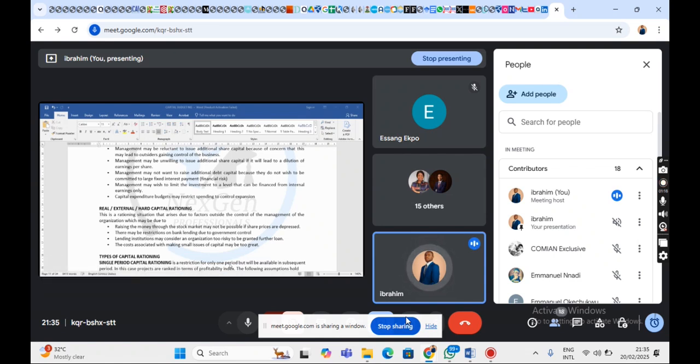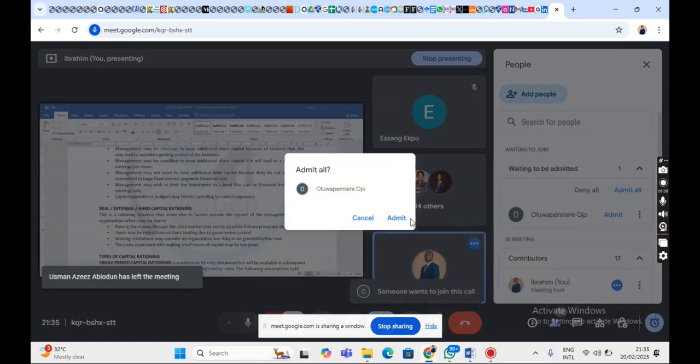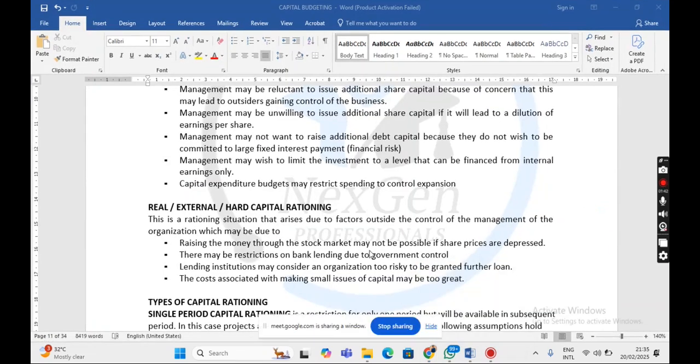You already borrowed some loans, or you could not meet some government requirements. Probably you don't even have three years of audited financial statements, and you want to embark on a project that is positive NPV, and there is a restriction on bank lending, right? So you can read this up so that we can move ahead, please.